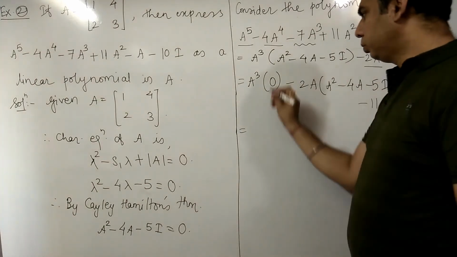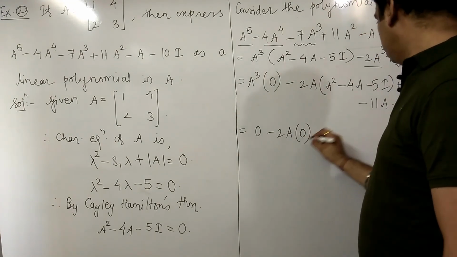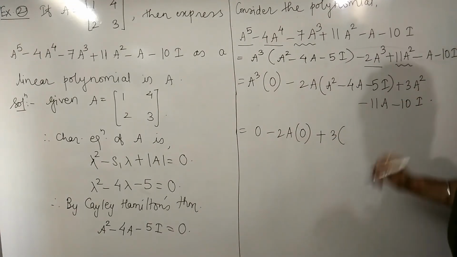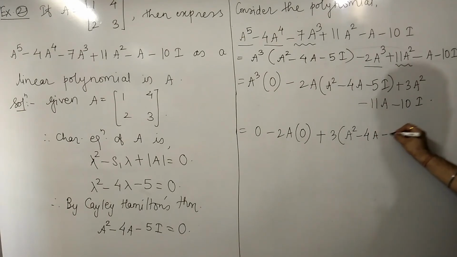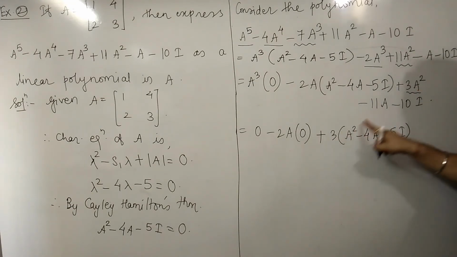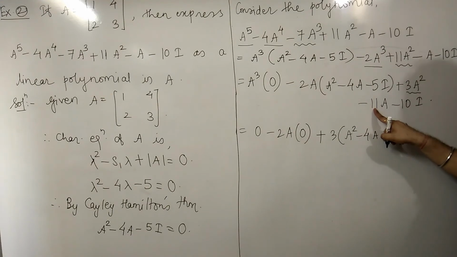So this is equal to O minus 2A times again O plus, then again we can take 3 common here and write down this polynomial A square minus 4A minus 5I, and then make the proper arrangement. So it is 3A square, then minus 12A, here we have minus 11A.